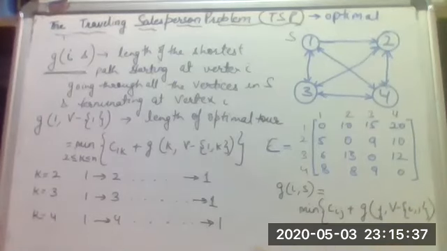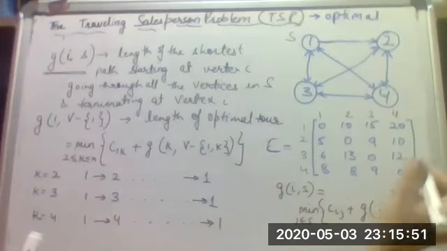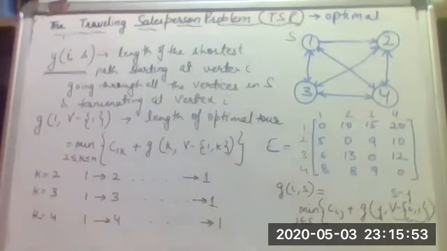Yes, and the minimum value for this is j belonging to S. And we can say that this is actually equal to S minus J. Yes, so let's solve this for the given graph.